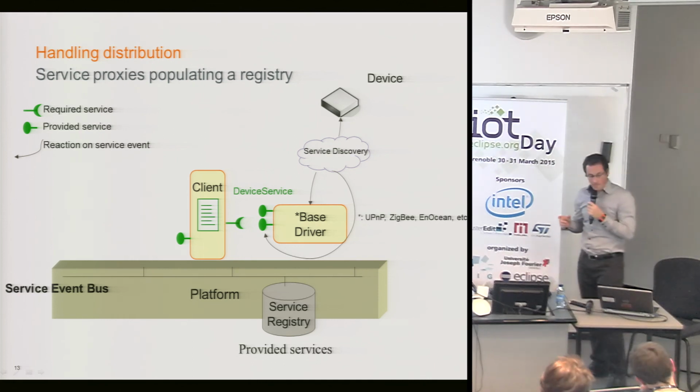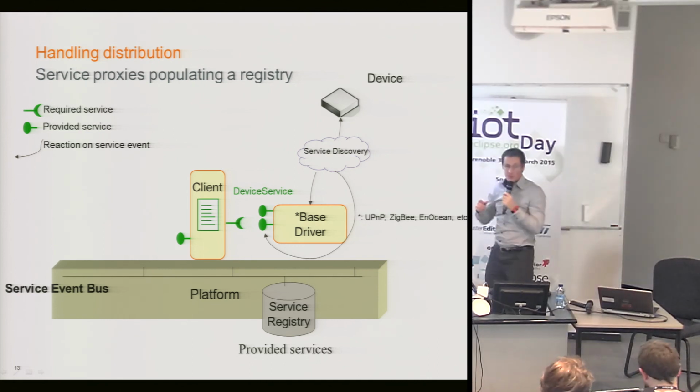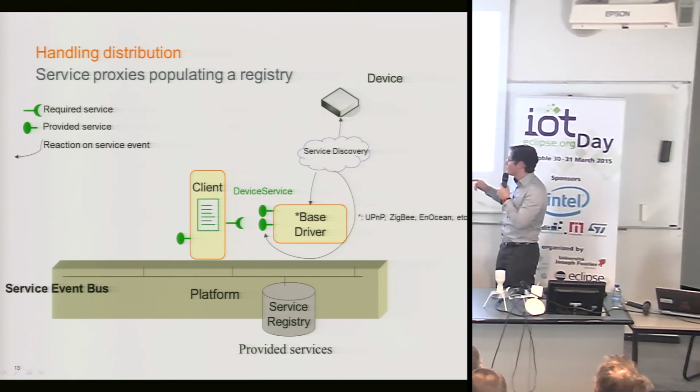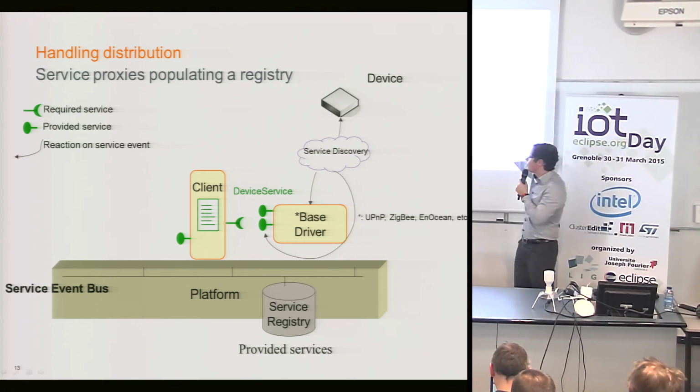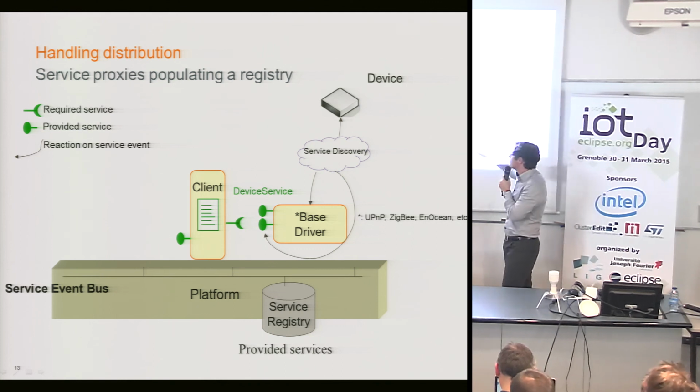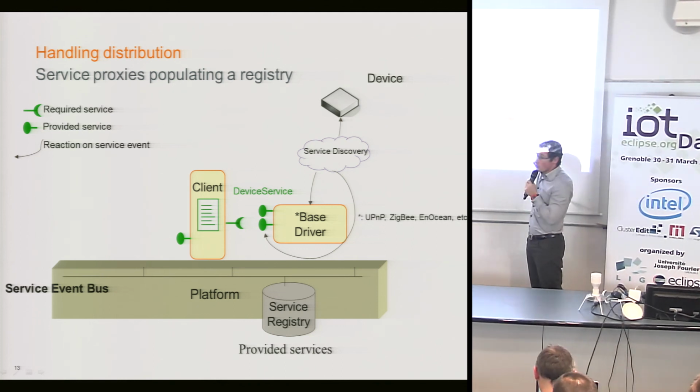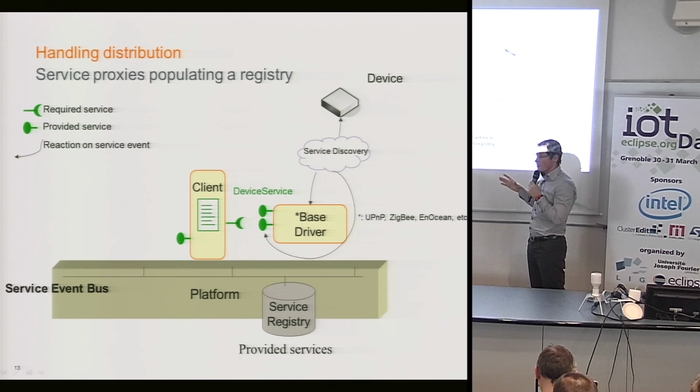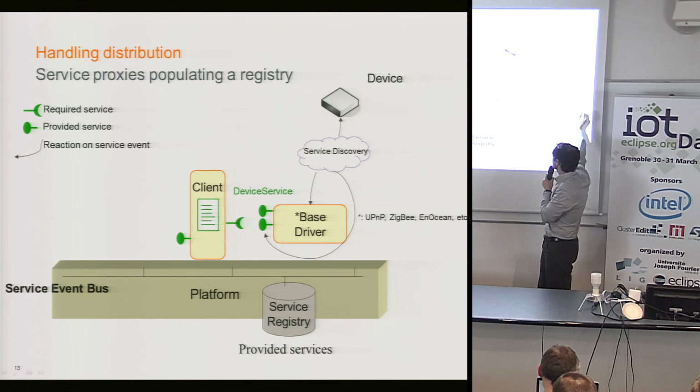And then, tomorrow in the tutorials and with the team, you will see that we have several base drivers. And what is a base driver? Just an OSGi bundle that is related to one technology, and for this technology it could be UPnP, ZigBee, EnOcean, or others.